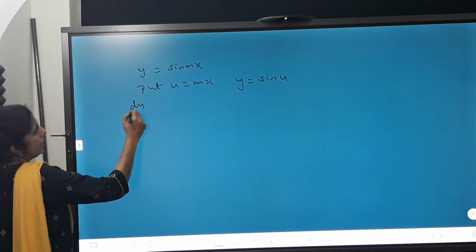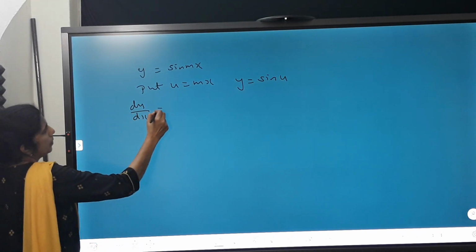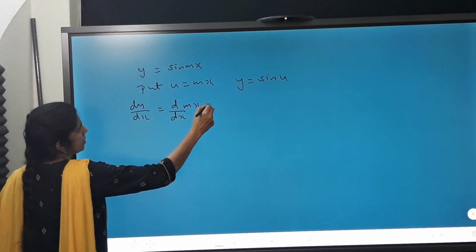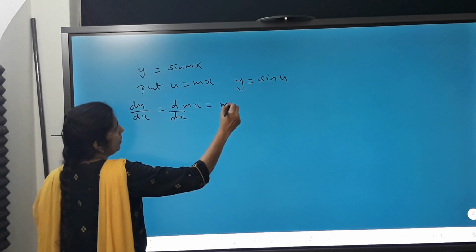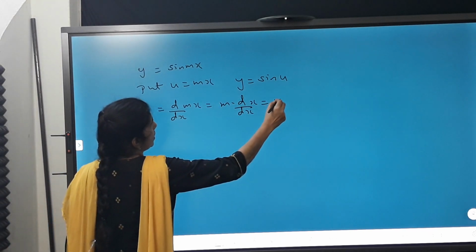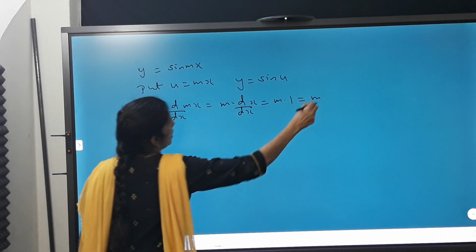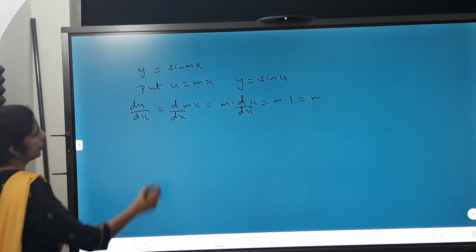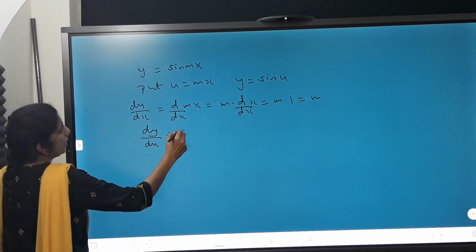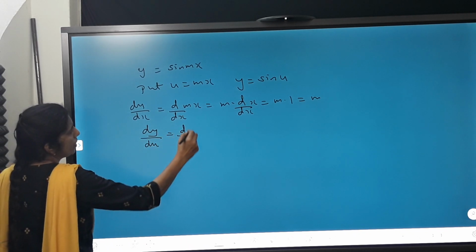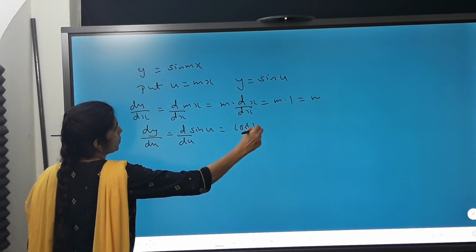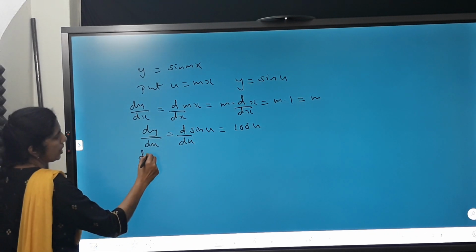Now du by dx equal to d by dx of mx, that is m into d by dx of x, that is m into 1, that is equal to m, and dy by du equal to d by du of sin u, that is equal to cos u.